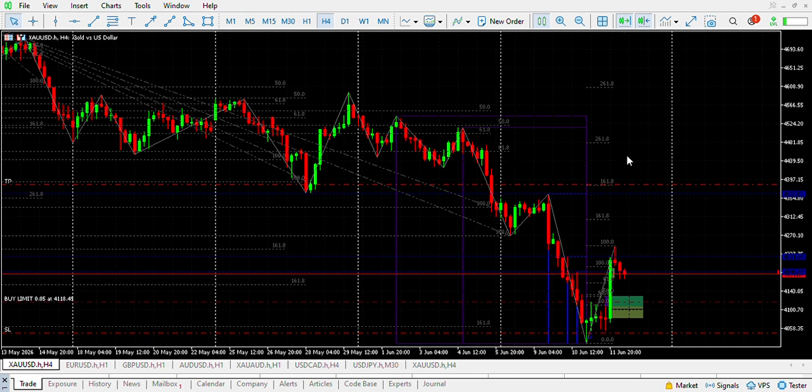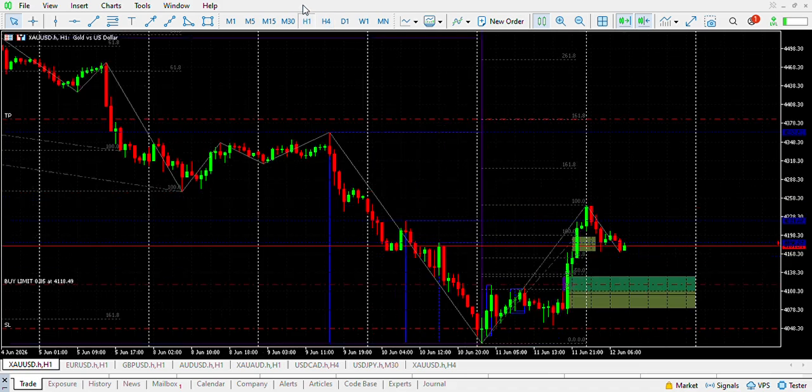Then we know that we're back into buy range. Otherwise, the market may come to the first TP and then continue back down, or get to the second TP, because the first TP falls within this range. First TP falls within this box.